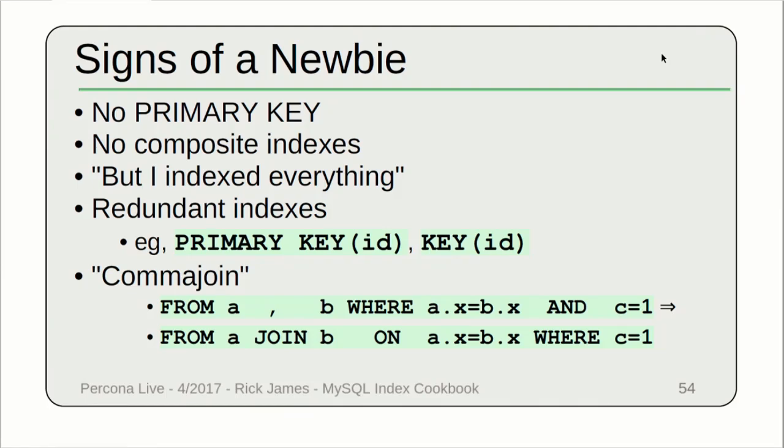And when you use join on, be sure to have the on say how the tables are connected and the where say the filtering. When you get into the low-level details, you'll find that the optimizer doesn't care where you put things. This is clarifying to the reader what you mean.